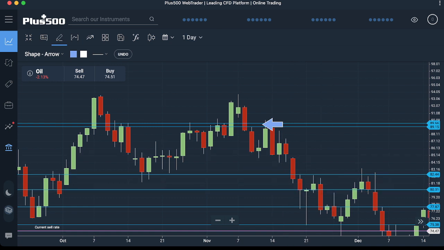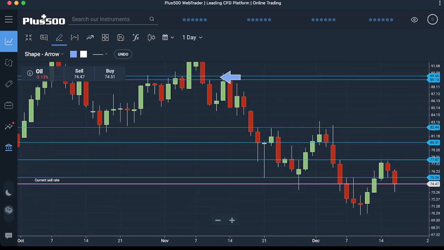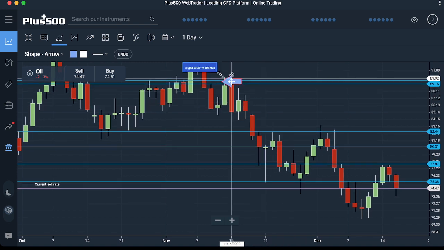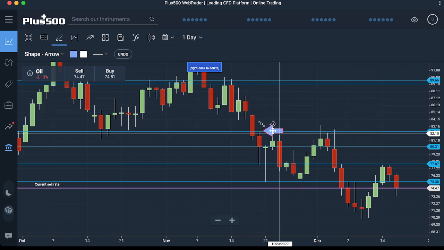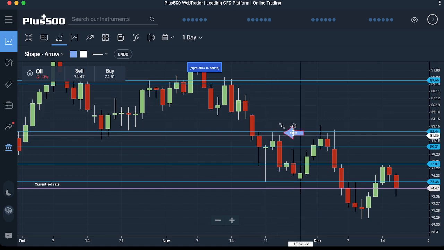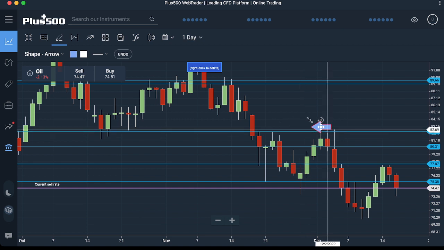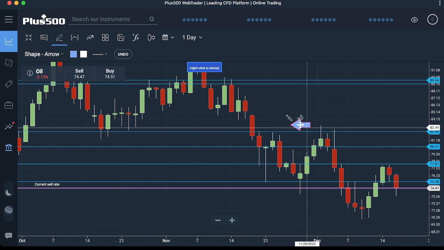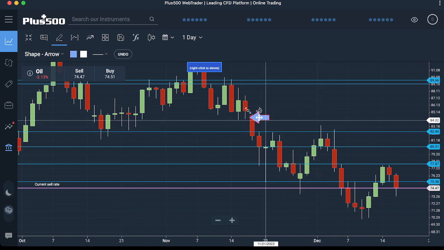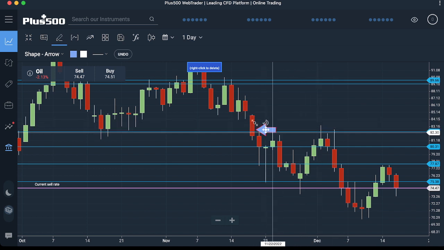Same thing is happening again here. As you can see, let me put this arrow again down so you can see that here is the next fair value gap, and then again you can see this candle high is coming and going above that fair value gap, inside this fair value gap, which is the distance between this candle low and this candle high.